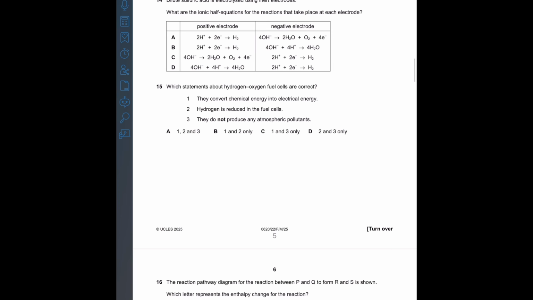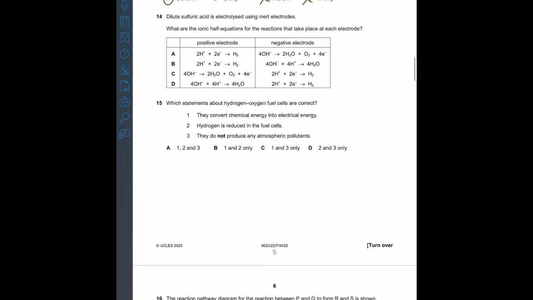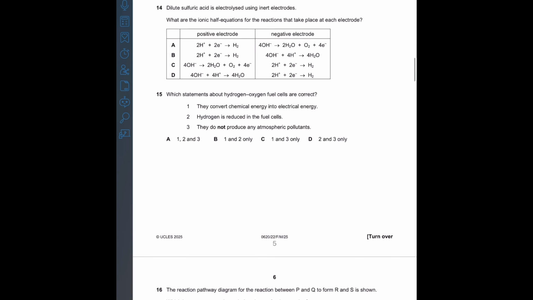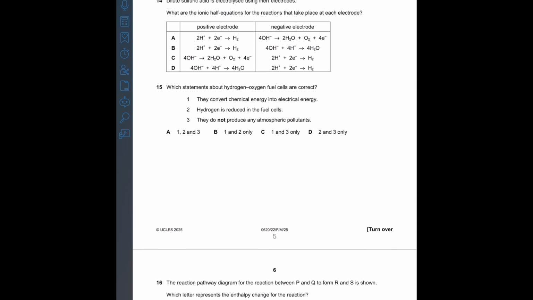Question number 14. Dilute sulfuric acid is electrolyzed using inert electrodes. So a similar type of question. What are the half ionic equations for the reactions that take place at each electrode? So the positive electrode will be attracting the negative ions.